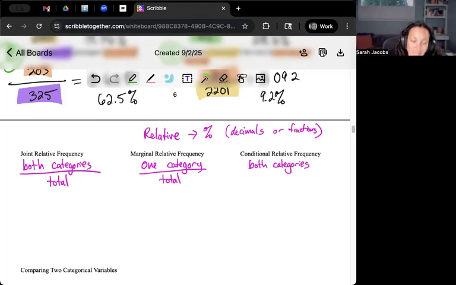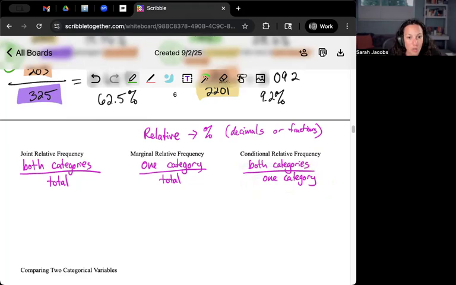So, first class and survived out of one of the categories. So, given we know they're in first class, what's the probability that they also survived?